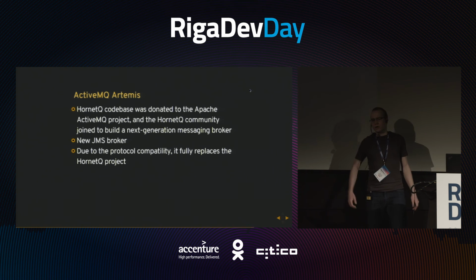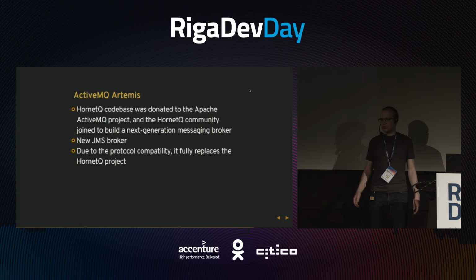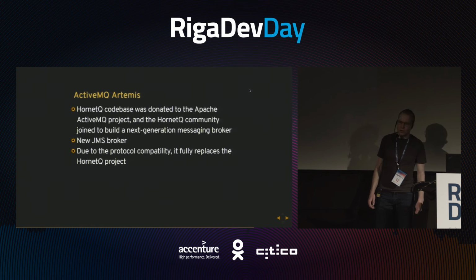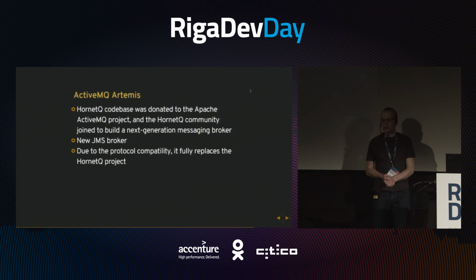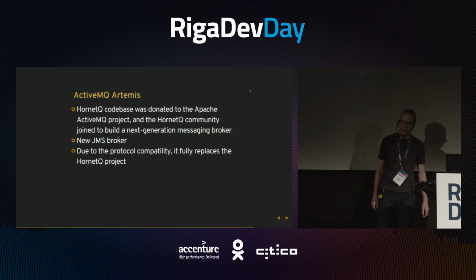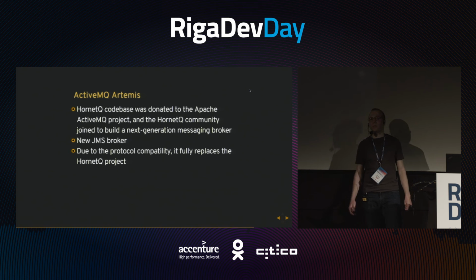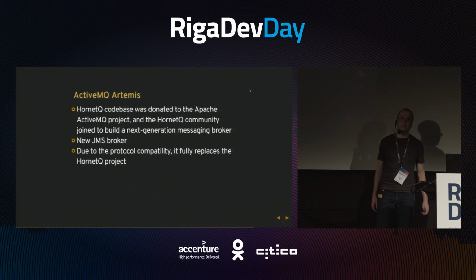Okay, and just to let you know, we have changed some libraries. Apache ActiveMQ Artemis, as HornetQ, our previous messaging library, was donated to the Apache ActiveMQ project, and all the HornetQ community joined the new message broker. So we have the new message broker.